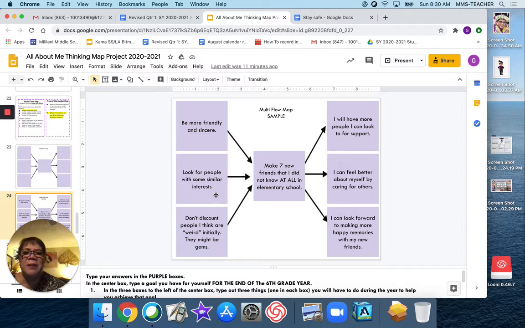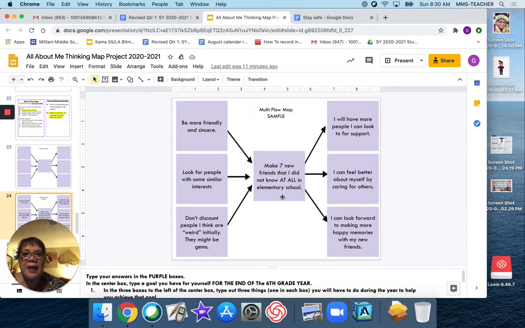So I'll look for people that have some similar interests. And don't discount people I think are weird initially, because they might be gems. They might be really, really good friends. Okay, so these are 3 things that I will do in order to try to make new friends.